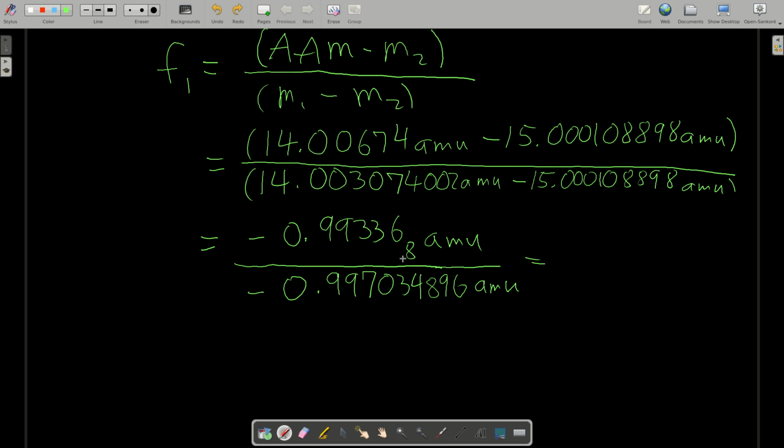We keep 5 past on top, which ends up giving us 5 sig figs. Negatives cancel, of course. All right, so now we have F1. That's the fractional abundance of the first isotope, nitrogen 14.